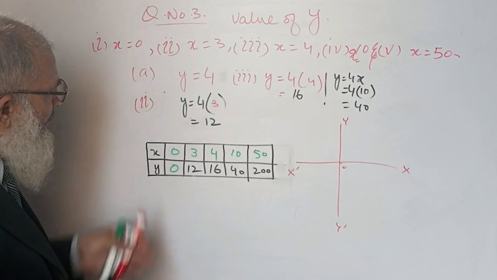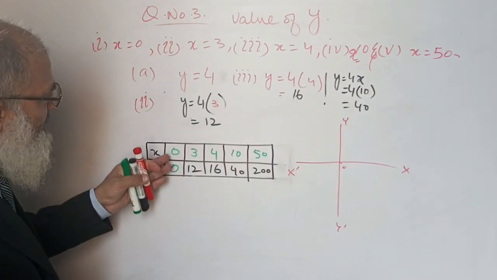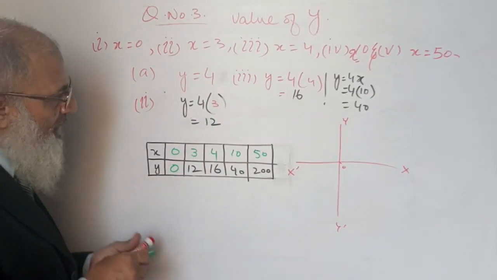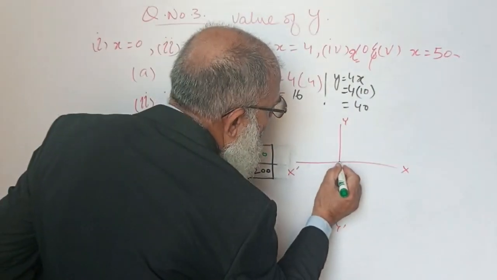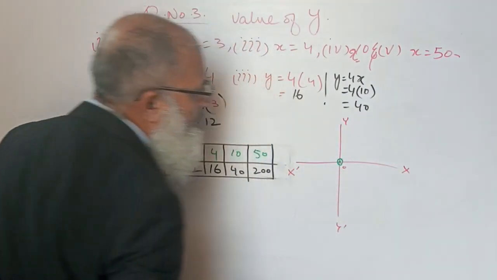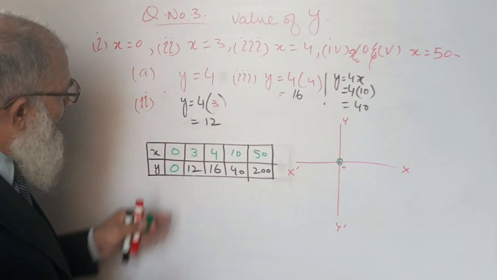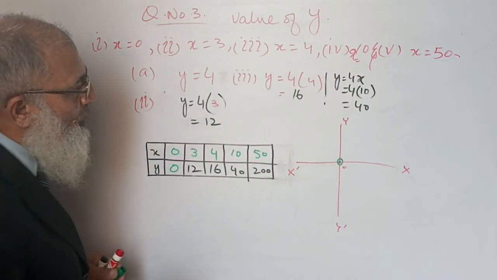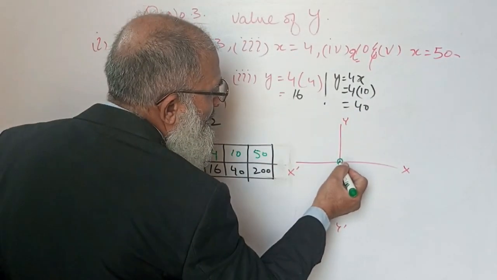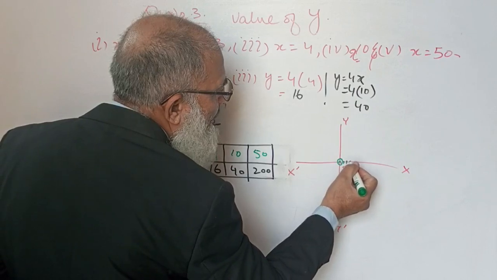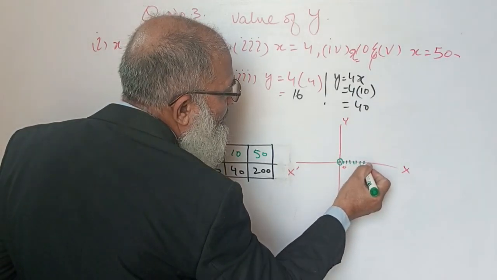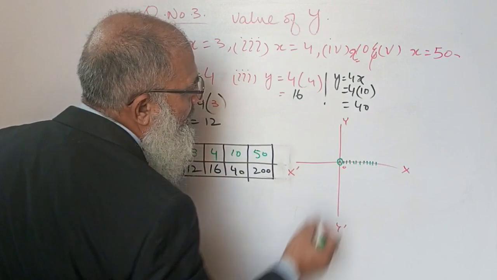Now if I plot this value over here, it will be right on the axis. And if we proceed further, now you see, let me make some divisions over here to facilitate myself.